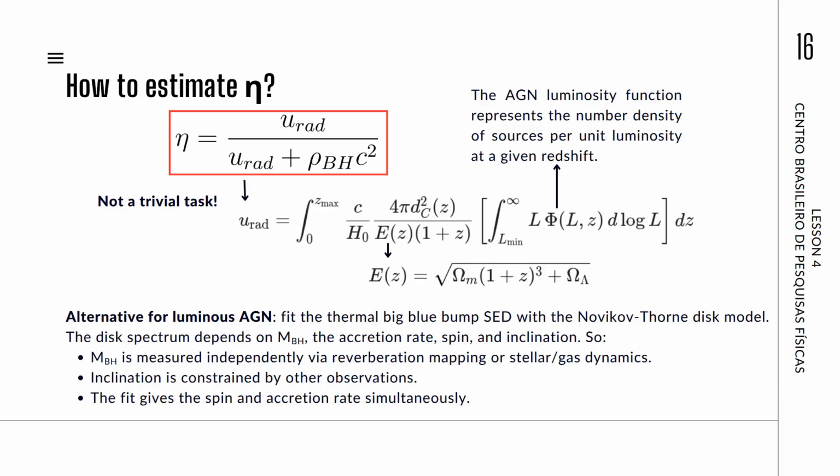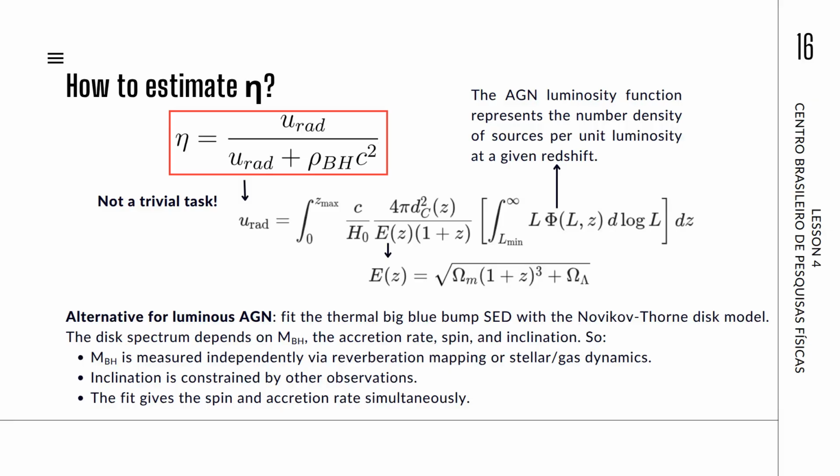So we have this integral where we have to include the AGN luminosity function, which is already something very, very complicated. Here we have this cosmological term, so this measurement depends on how well we understand the universe: what's the matter omega and the cosmological constant omega. It's very complicated, but you can estimate.